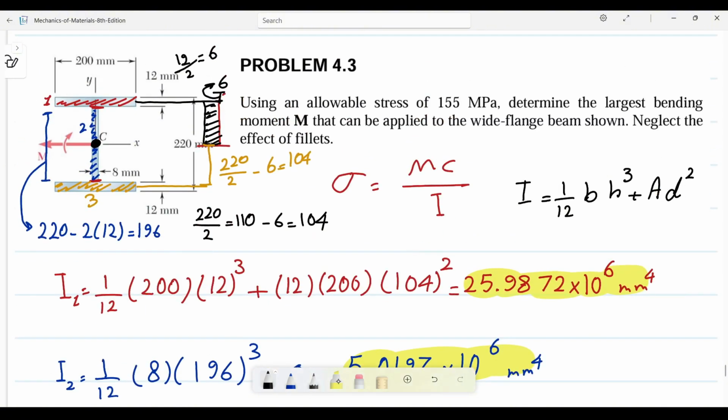And for this formula we have here, we have C, I, and according to the question we have stress and we need a moment.